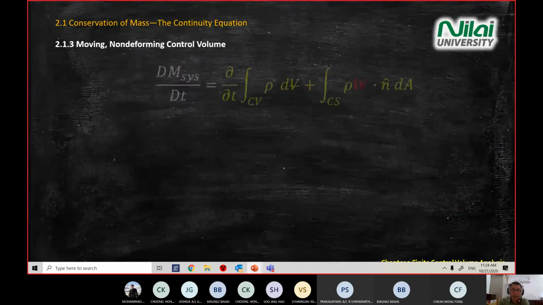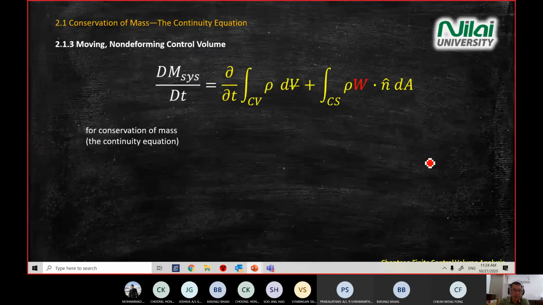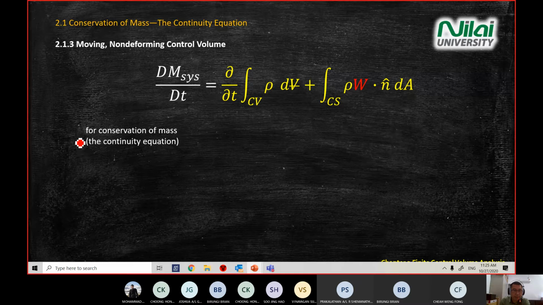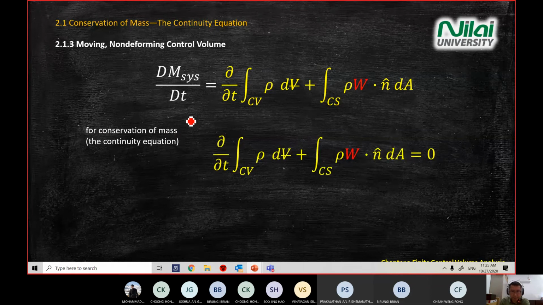Okay, let's look at how we apply this one. Now, for the conservation of mass equation, just now you have the Reynolds transport theorem. So for conservation of mass, how will this Reynolds theorem become?